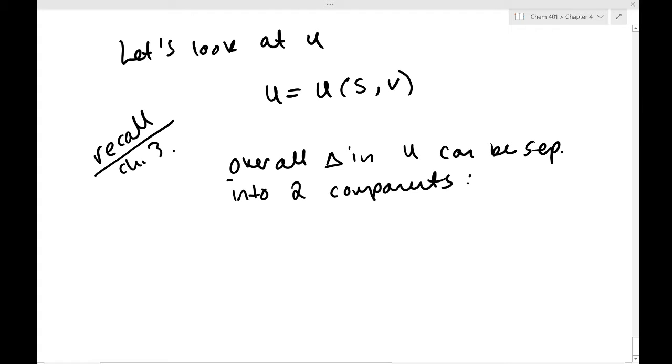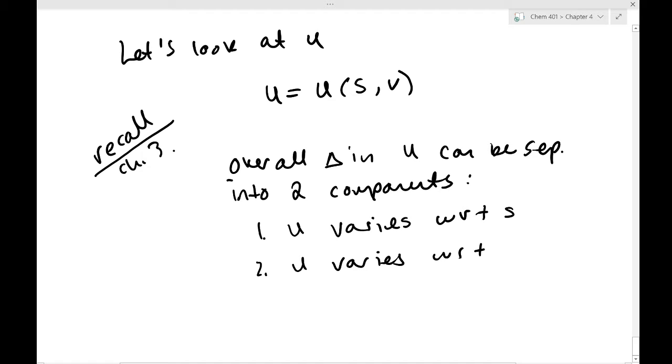One, how U varies with respect to S, and two, how U varies with respect to V. And we can write these out using partial differential equations.